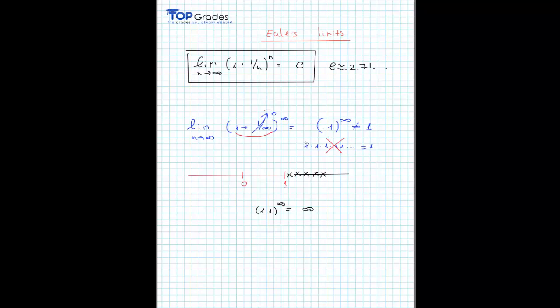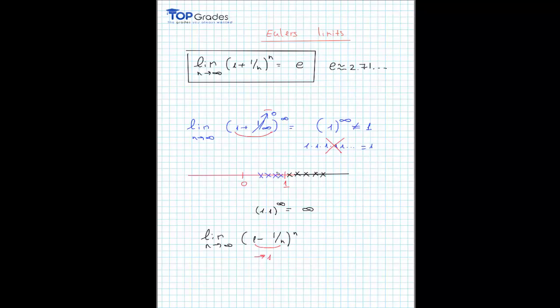So why is this limit not infinity? Why is it e? We can look at another example. The limit as n approaches infinity of 1 minus 1 over n. The number inside approaches 1, but here it approaches 1 from the left side.